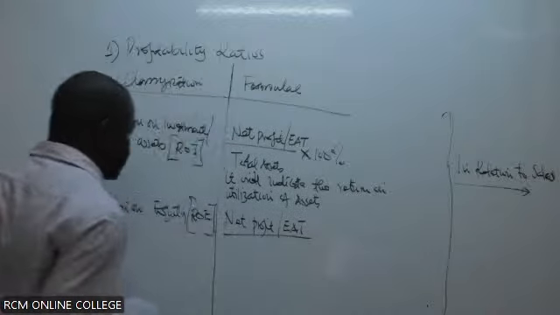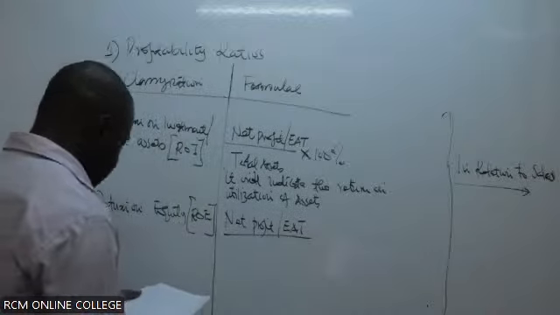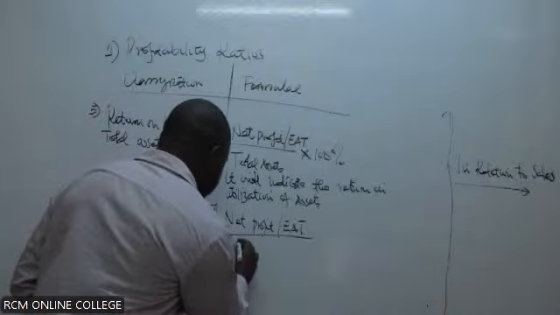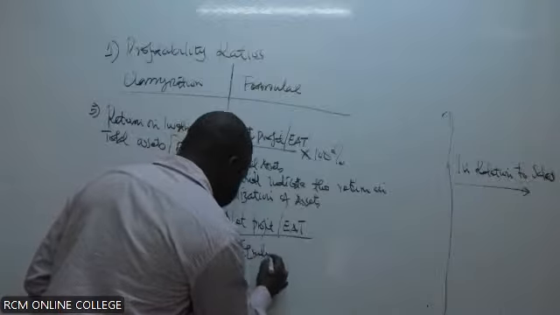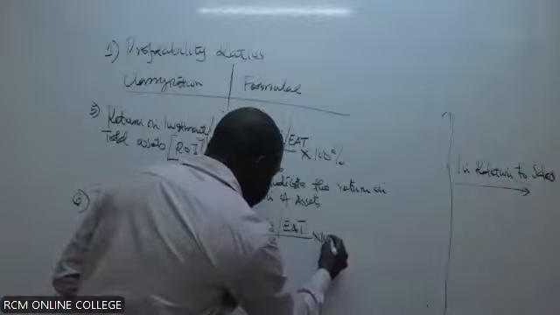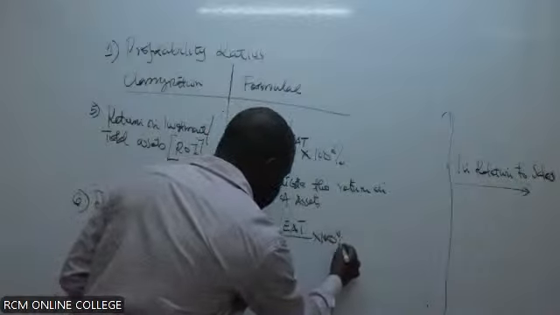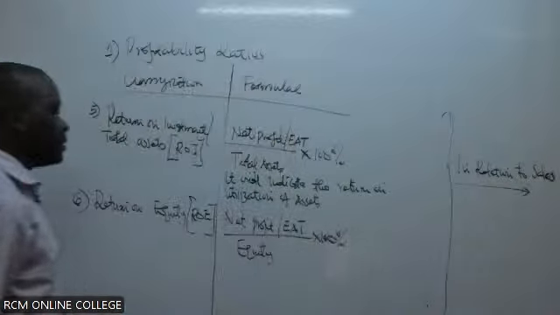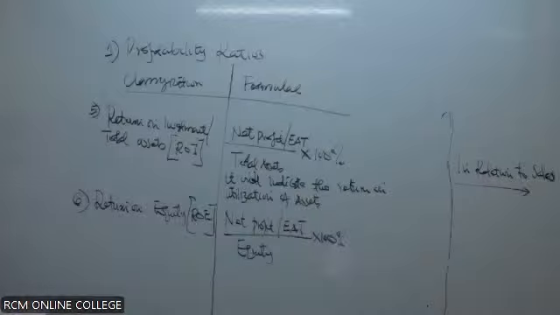Then you divide by the total equity. Then you multiply by 100%. So you'll be able to know what is the return you are getting on the equity you put into the company.